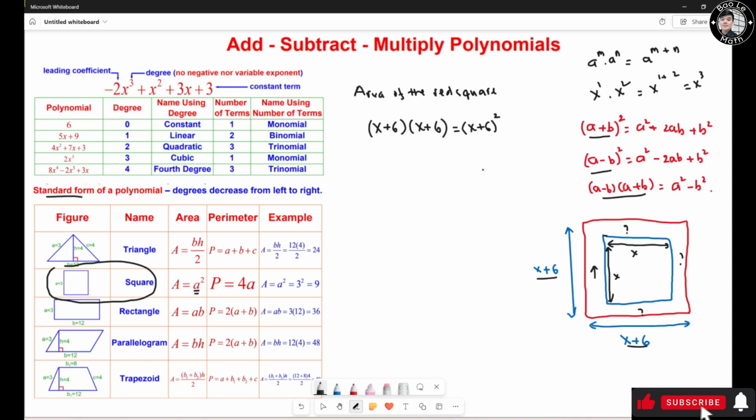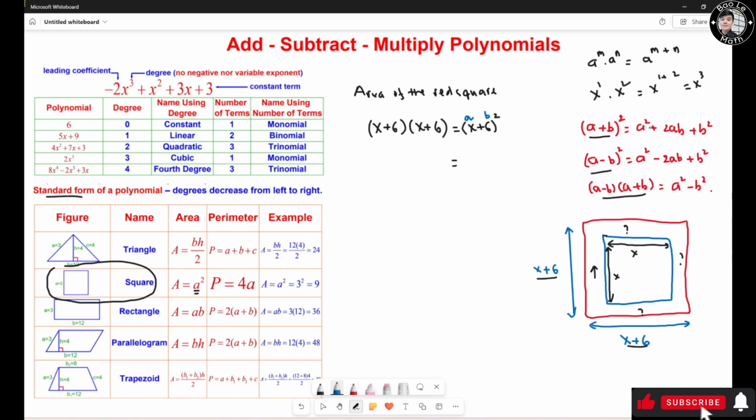Now s plus 6 times s plus 6 equals s plus 6 all together squared. So I use the first formula right here to expand this one: a plus b all together squared is a squared plus 2 times a times b plus b squared. Now a in this situation means s, and b in this situation means 6.